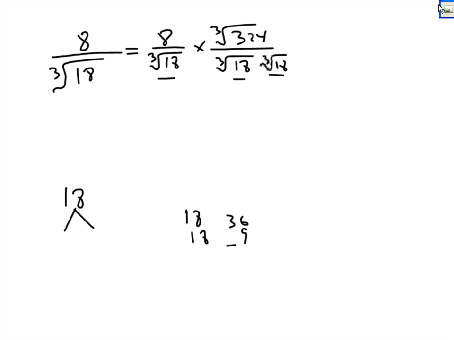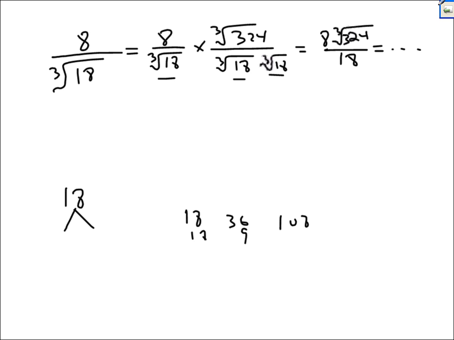I'd rather do 36 times 9. 324. Okay, now I agree that the top is 8 times the cube root of 324, and the bottom is just 18. The problem is, finding the cube root of 324 is hard. Okay, we did all that work, but we're not even done yet.